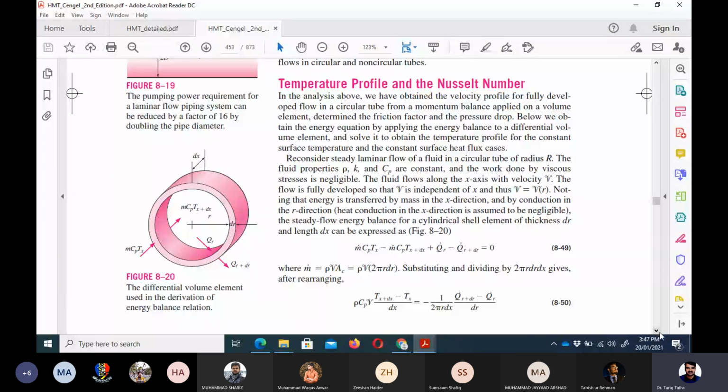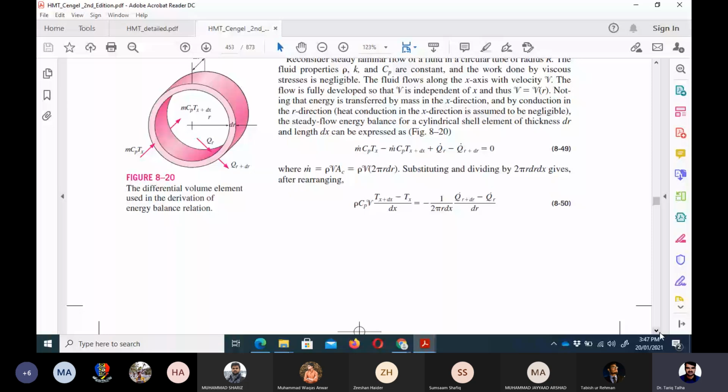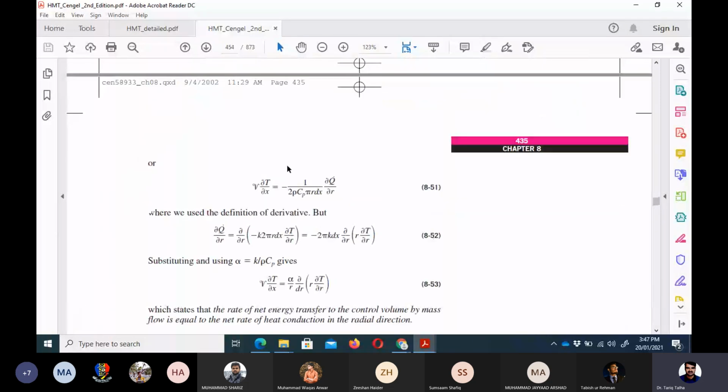From here, with a little mathematical manipulation, instead of m dot we can write rho V into 2 pi r dr, and then if we apply the limits for an extremely small element, we can write it in this differential form.